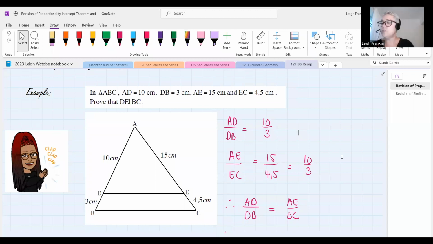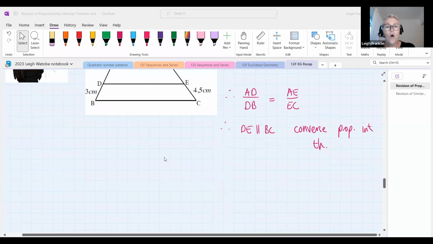What you would need to establish is that it is a case for the converse proportionality intercept theorem. Remember, there are other ways that we can prove that lines are parallel as well. Here we're talking specifically about a triangle where they have given us either ratios or lengths of sides, and we can use those in a proportion to prove converse proportionality intercept theorem. Thank you, ma'am. No problem.